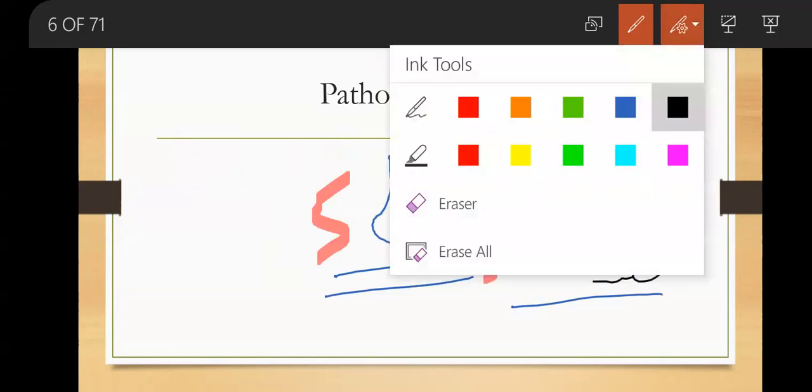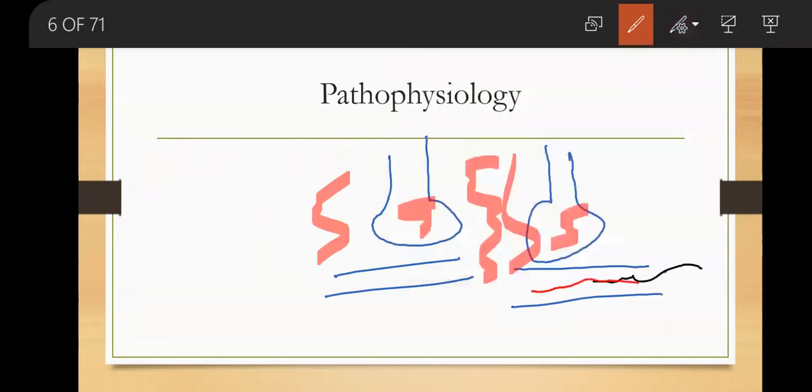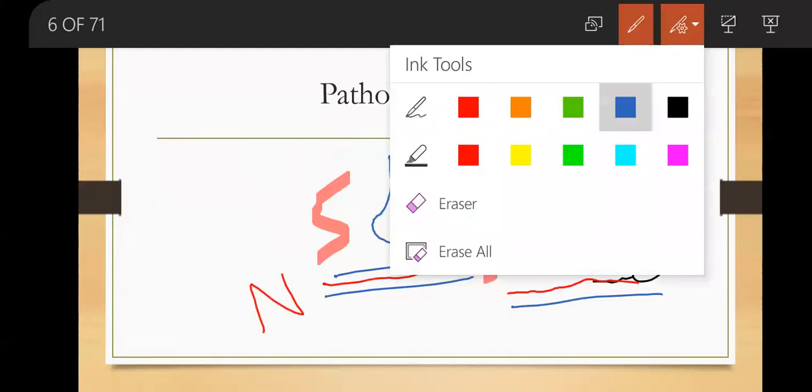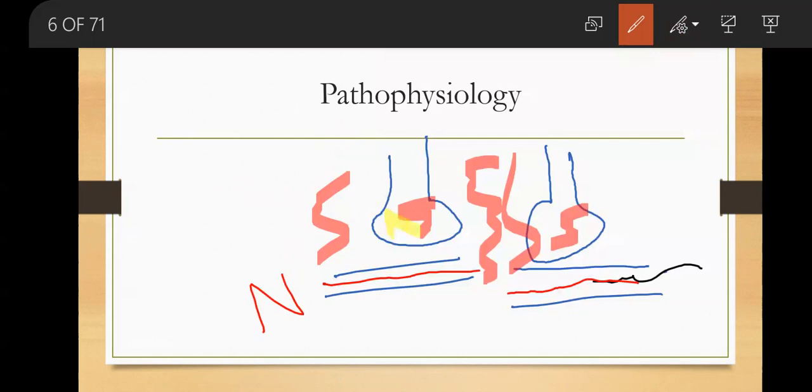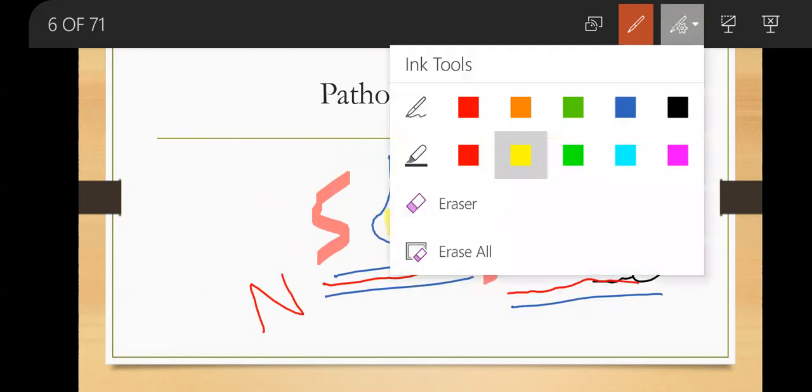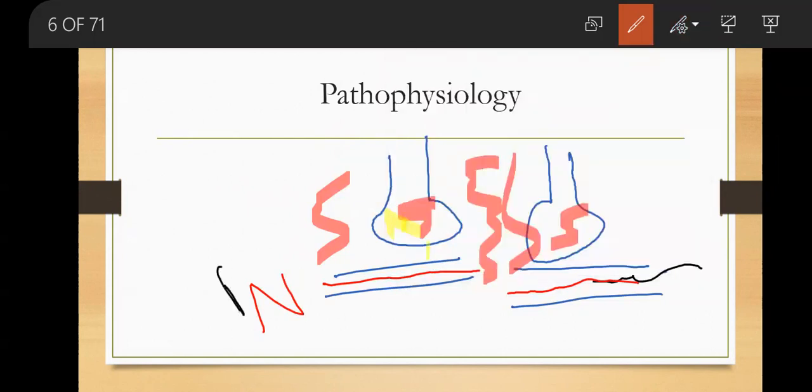The blood is flowing normally, but the air cannot be exchanged normally. So the perfusion is intact, normal, but the ventilation is affected.